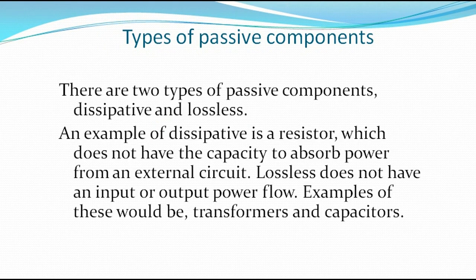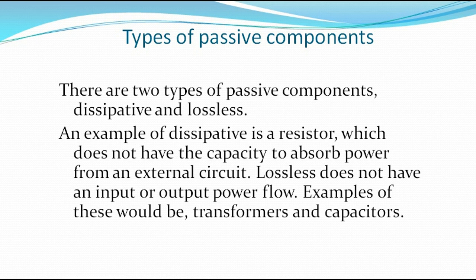Types of passive components. There are two types of passive components. One is dissipative and two is lossless. I repeat, there are two types of passive components. One is dissipative and two is lossless.